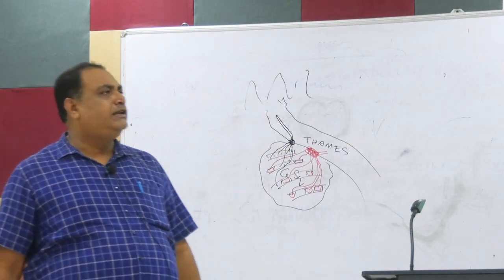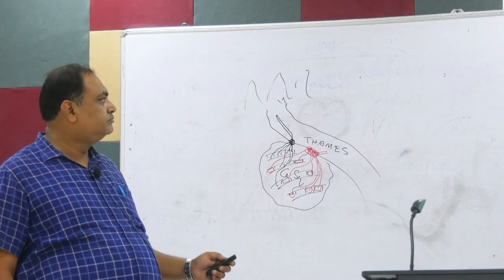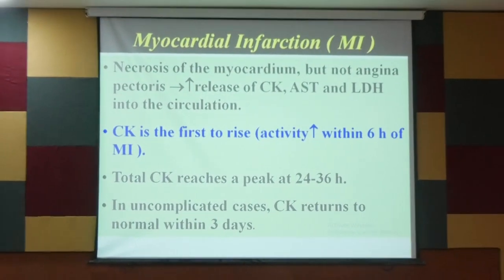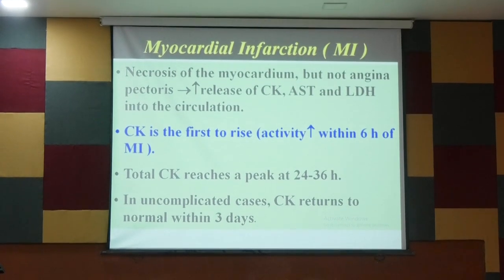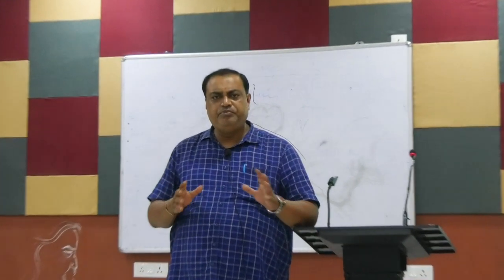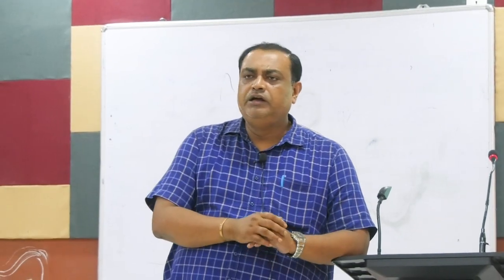So creatine kinase, what does it do? Creatine kinase is an enzyme which converts creatine phosphate to creatine or creatine to creatine phosphate. Both sides. It depends on the pH of the medium, in which direction it will move.